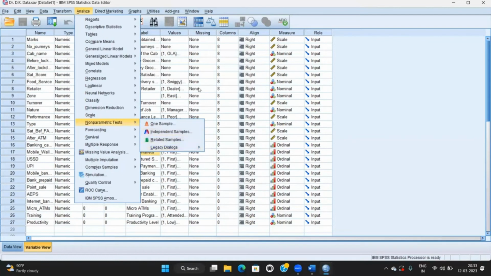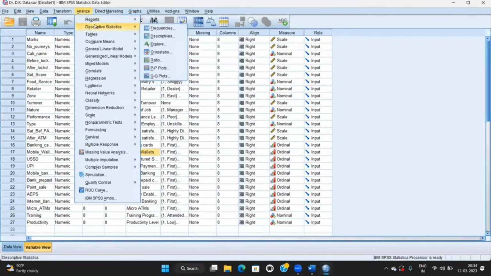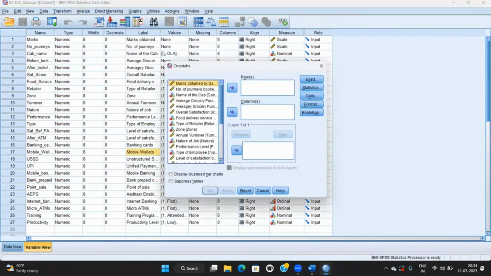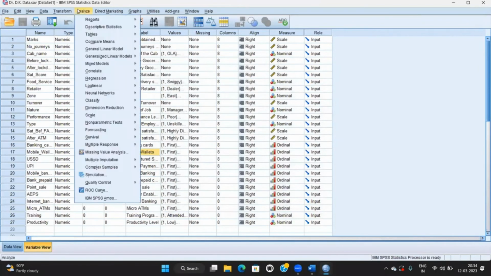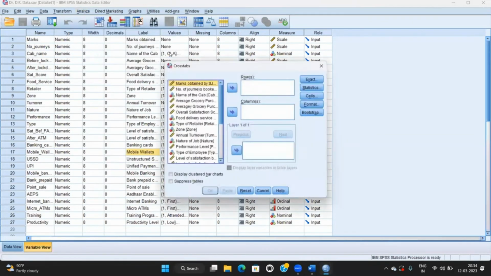Then what else is to be followed? Analyze, go to descriptive statistics, then go to crosstabs. If you click on that, you can see a window appearing after you click analyze.